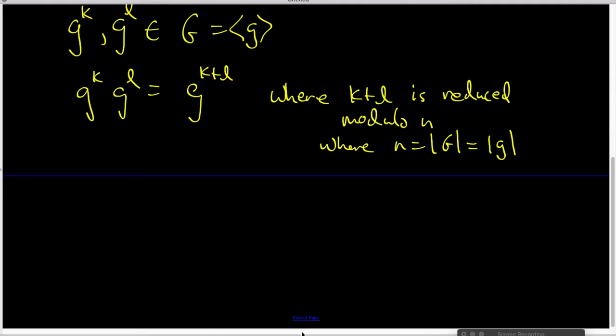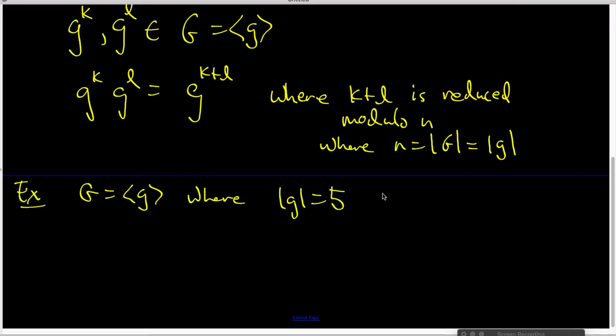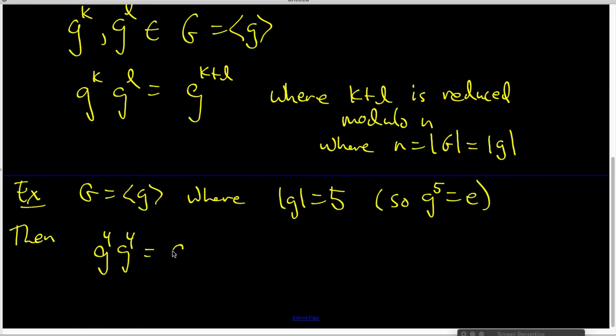Let me look at a specific example of what this means. If I let G be the cyclic group where the order of the generator is equal to 5, and that means g to the 5th is equal to E, then if I'm looking at g to the 4th times g to the 4th, that would be g to the 8th under exponent rules, but since g to the 5th is equal to E, we can reduce that exponent mod 5 and treat that g to the 8th exactly like it is a g cubed.